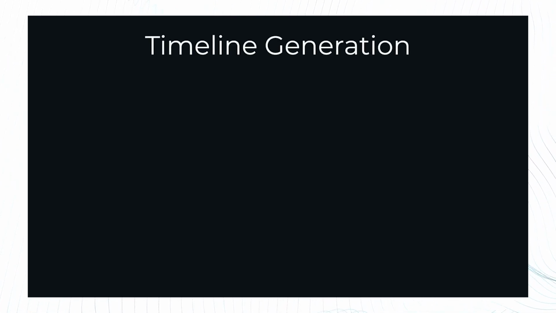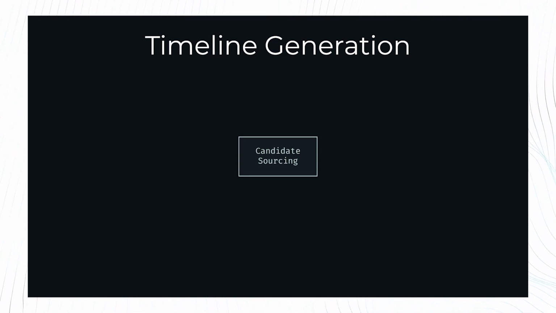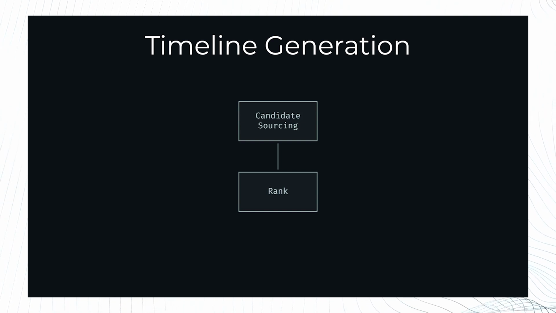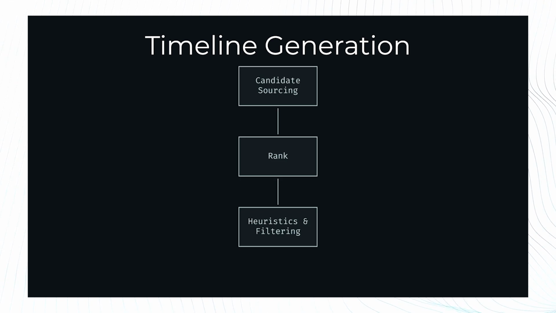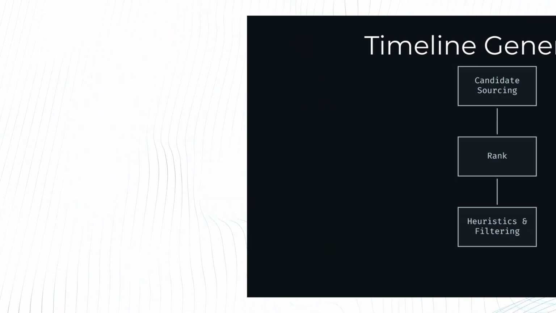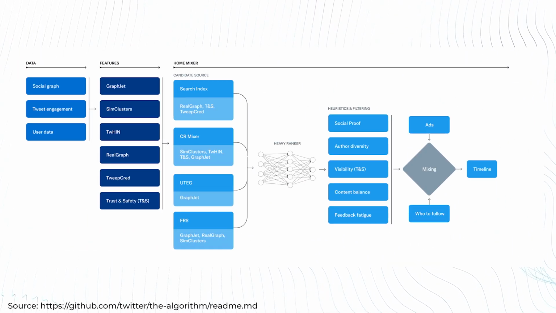The general flow to generate a timeline is to first fetch a set of candidates, which are tweets that are candidates to be shown in your timeline. Then, these candidates are ranked based on some machine learning statistical model. Finally, these tweets are filtered based on user preferences, such as muting, blocking, not safe for work content, etc. This diagram shows all the major components of this pipeline.